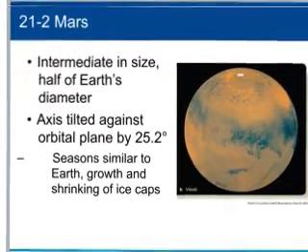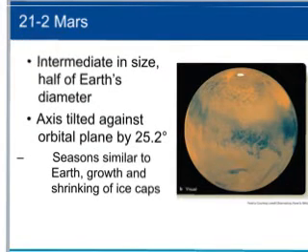So now on to studying Mars. Mars is intermediate in size, and it's about half the Earth's diameter. So Earth is much bigger, and then half that diameter is the size of Mars. Mars rotating on its axis, if we drew the axis right down the center, it's actually tilted.